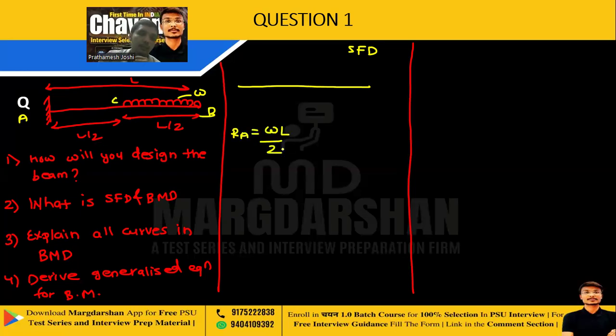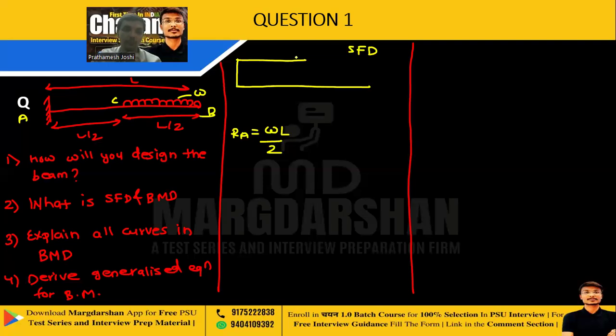This is what we have got, so we will put it here. This is upward, so W into L by 2. Then from this to this, L by 2, it will be constant, as there is no force acting in between.